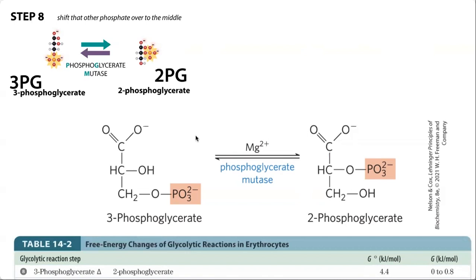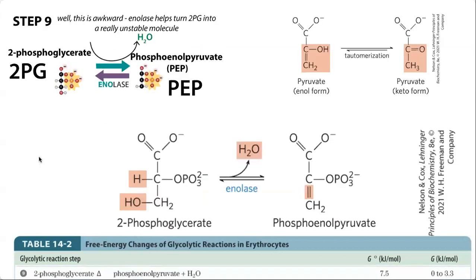The big deal is we're setting ourselves up to form a very, very favorable interaction. So this one's not that exciting. We have this really, really neutral delta G. But we're able to take this 3-phosphoglycerate, move the phosphate group to the 2 position to give us 2-phosphoglycerate. And now we're going to set ourselves up for the big payoff.